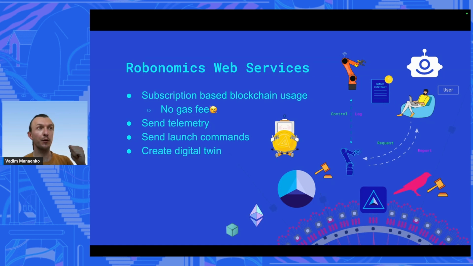But what if we can create some kind of a token that could give you a month of free transactions without any fees in the blockchain? You can store any telemetry, you can send commands, you can create a digital twin there, but without paying a fee for every single transaction. That's what we implemented in our platform, and we call it Robonomics Web Services. So there is a subscription token, which allows you to send transactions without any fees.